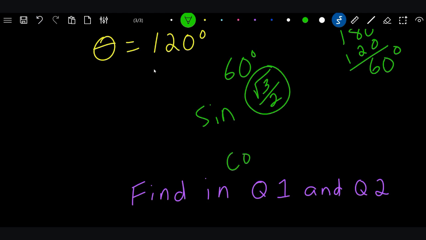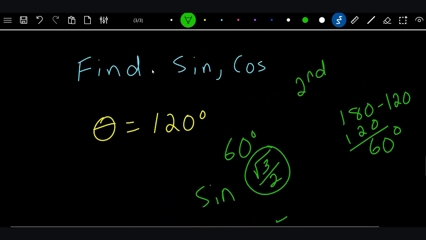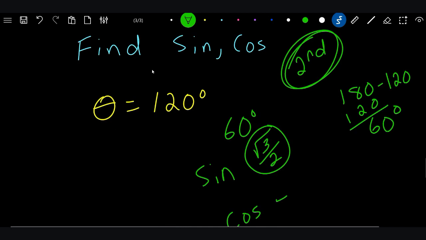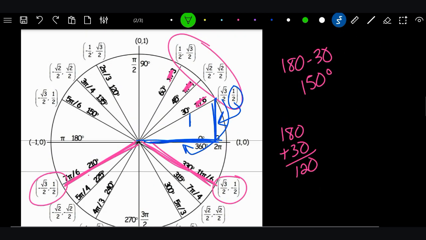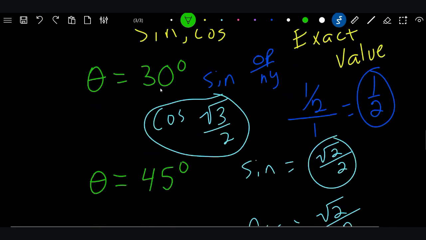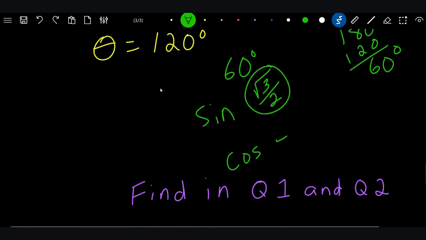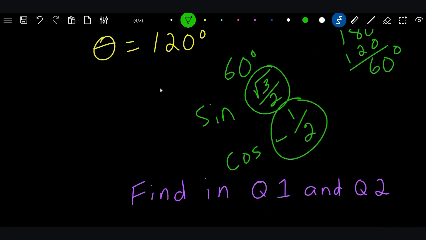What's our cosine of 60? Well, our cosine of 60 is negative. Why is it negative? Because we're in the second quadrant. Cosine is negative in the second quadrant. So go back up to your 60 and find your cosine. It's 1/2. 1/2 over 1, or just 1/2. So here it would be negative 1/2 because we're in the second quadrant.